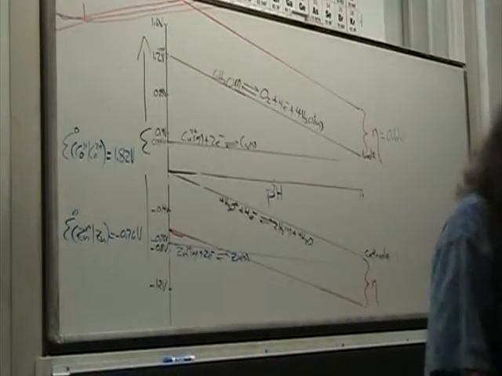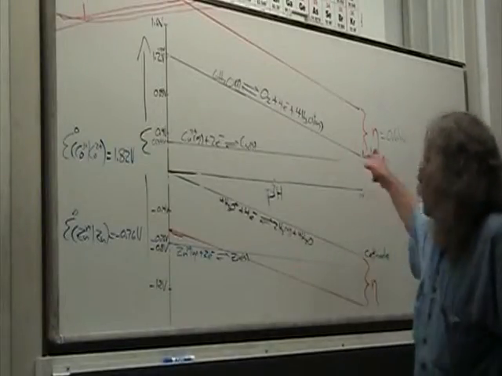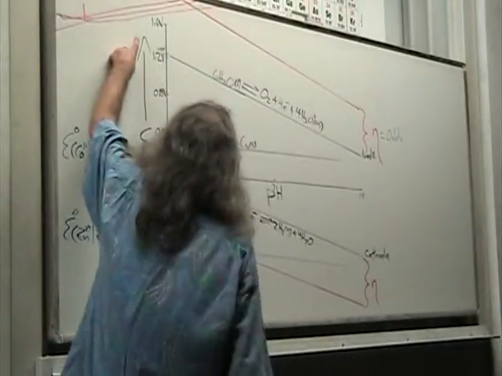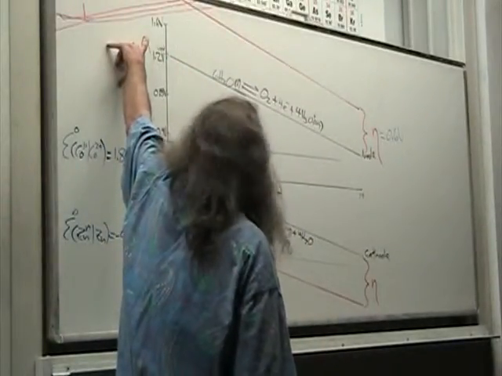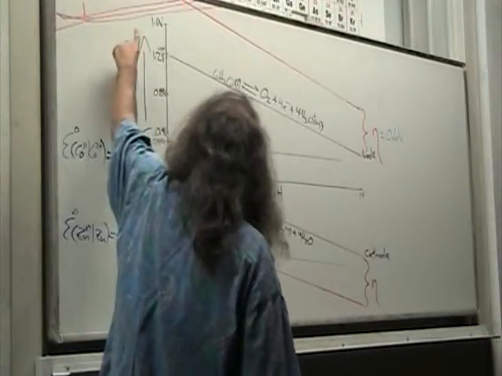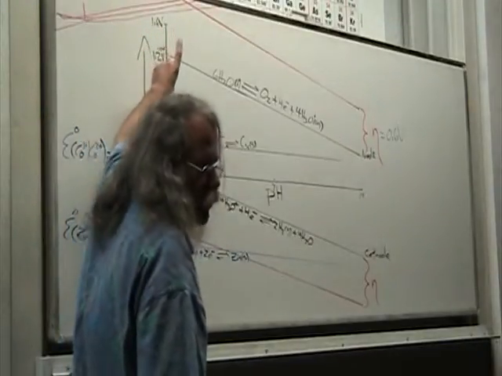To what volt does the top red line go? The top red line is going to go to 1.83. So it includes cobalt in this? Well, yeah, but cobalt is only going to be at 0 pH.